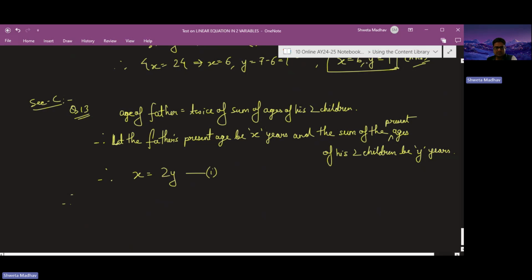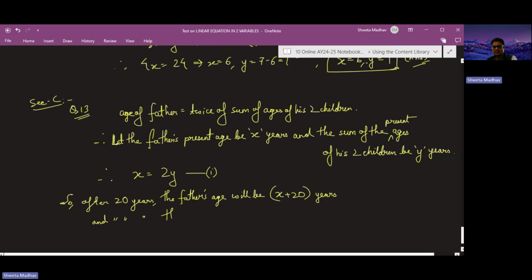So after 20 years, the father's age will be x plus 20 years, and also after 20 years, the sum of the ages of his two children will be y plus 40 years, since the age of each of the children will increase by 20 years.